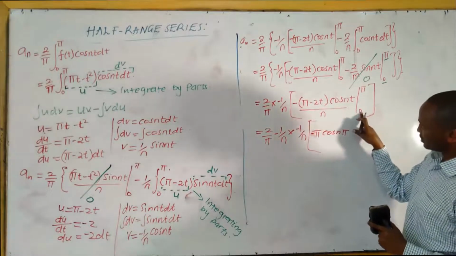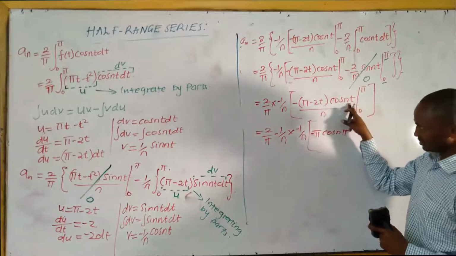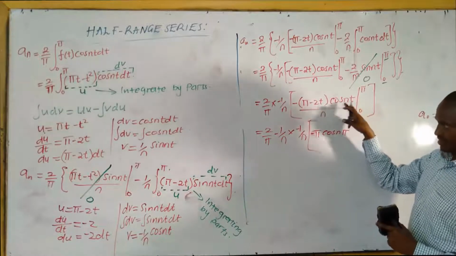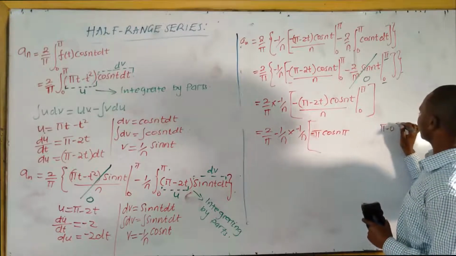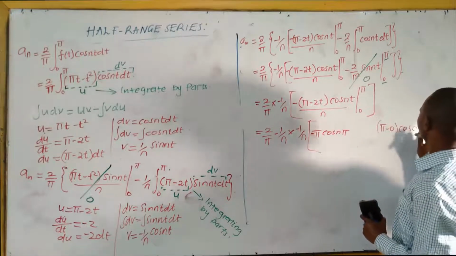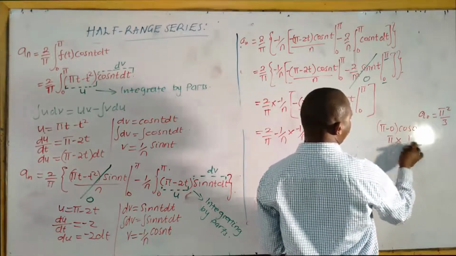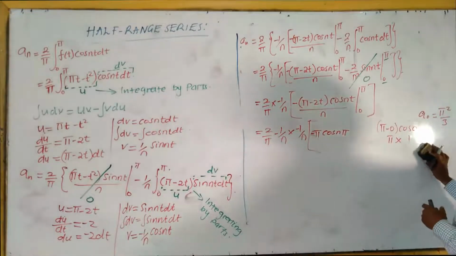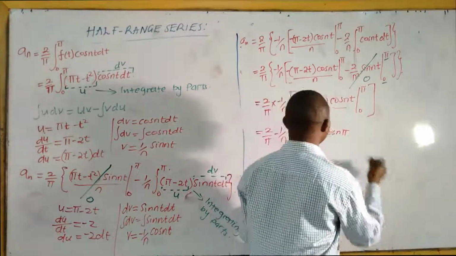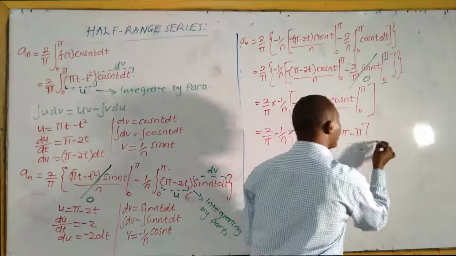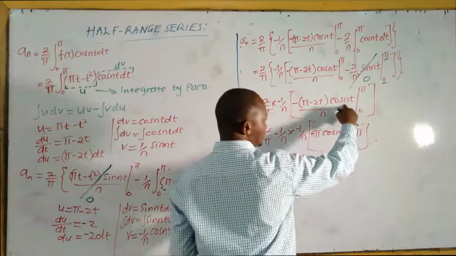Where you have t, put 0, cosine of 0 is 1 times the pi here. What is pi minus 0 multiplied with cosine of 0? Cosine of 0 is 1, pi minus 0 is pi. So it is pi times 1, which will give you pi. And because it's the lower limit, you always subtract whenever you are dealing with the lower limit. Subtract, suppose this 0, you are substituting the lower limit.